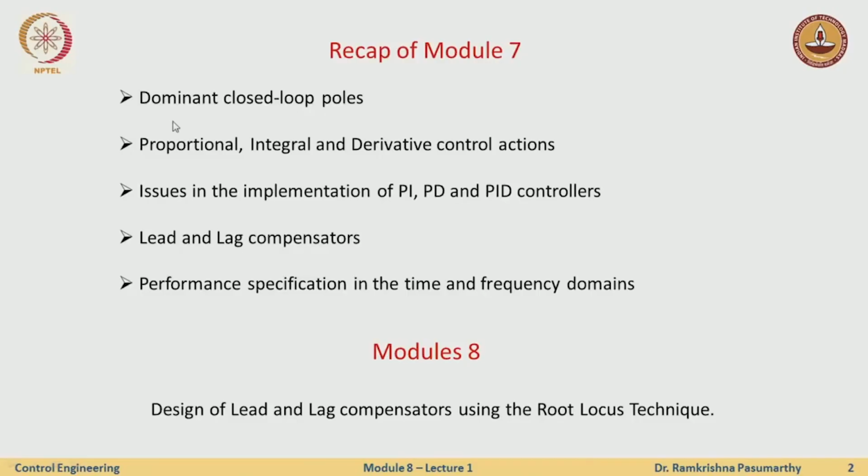What we studied earlier was the entire analysis based on dominant closed loop poles. Say, if I have 10 poles in my system, all the analysis could be based on the poles closest to the origin, because that is what really decides the behavior of the system in the long term, since the response of the other poles to the left dies down pretty fast.